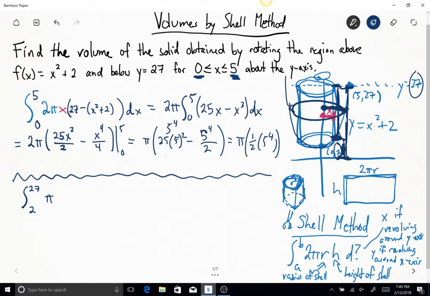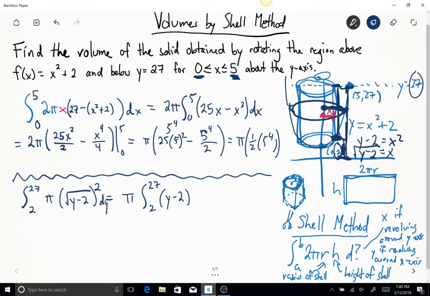Well, we need it in terms of y, so in that case you get y minus 2 equals x squared, and since it's on the positive values for the x's, we get x equals the positive square root of y minus 2. And that's the radius, so we have to take that radius, the square root of y minus 2, and square that quantity. Okay, so now what does that become? Well, we can factor out the pi, we take an integral from 2 to 27 of y minus 2, oh, I forgot to put the dy there, so y minus 2 dy.